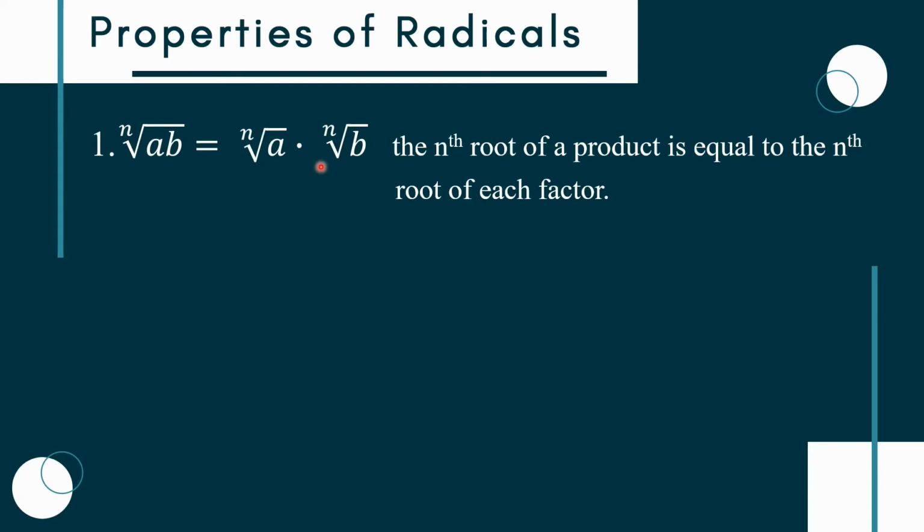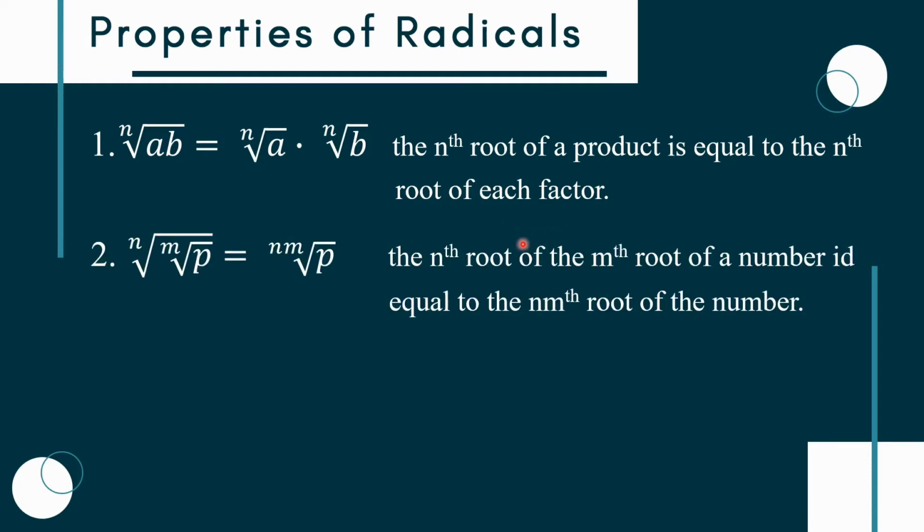So first is if the given is nth root of AB. So that would be equal to nth root of A times nth root of B. Or the nth root of a product is equal to the nth root of each factor. Next, if our given is nth root of mth root of P, so that would be equal to nmth root of P. Ano lang ginawa natin sa indices?